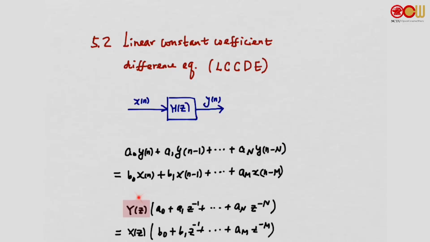So we can pull out Y(z), and in the bracket we get a0 plus a1 z^-1 all the way to aN z^-N. On the right hand side, each term has an X(z), so we can pull out X(z), and each term in the bracket is a constant multiplied by a delay.